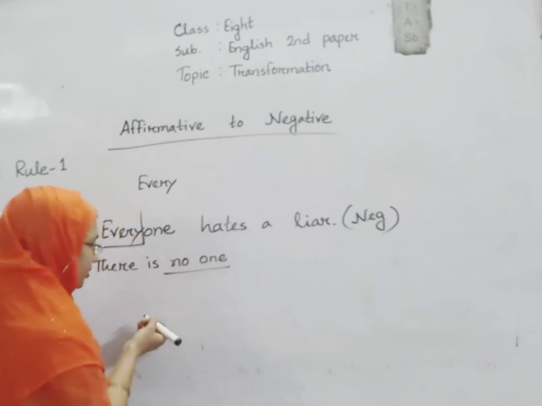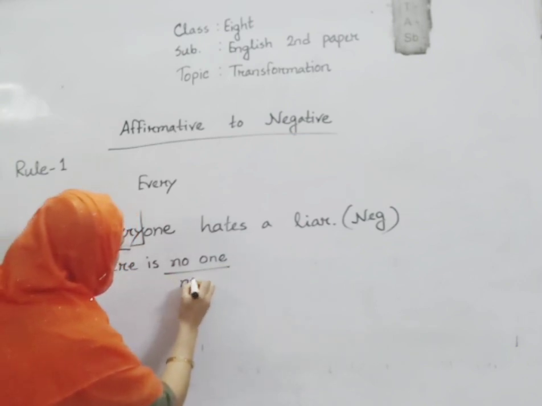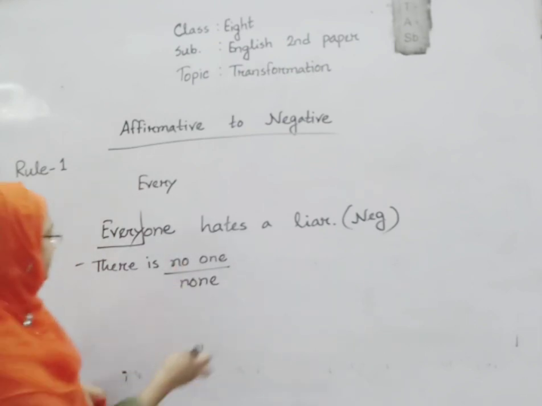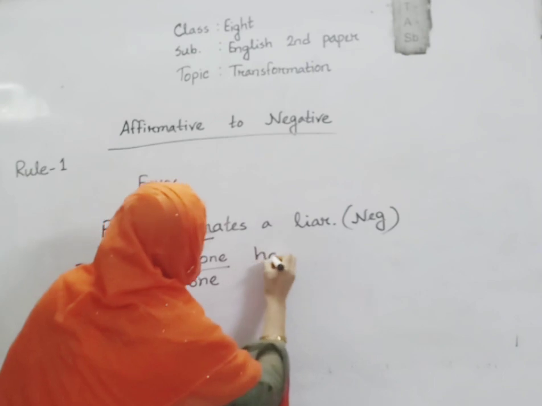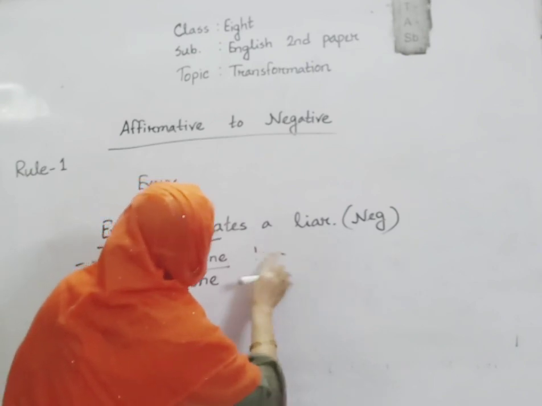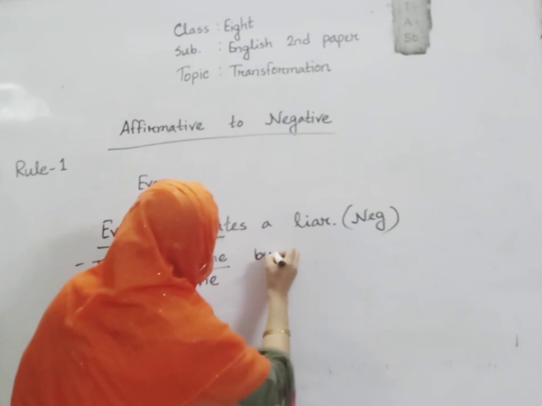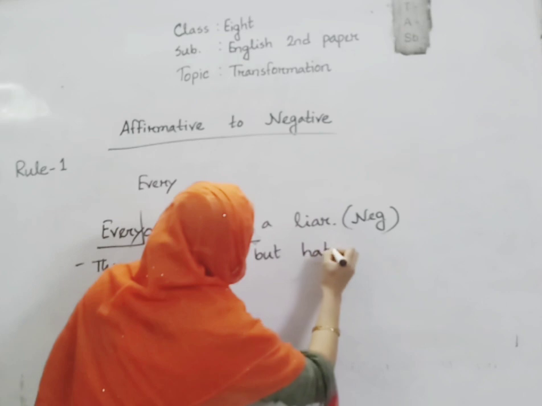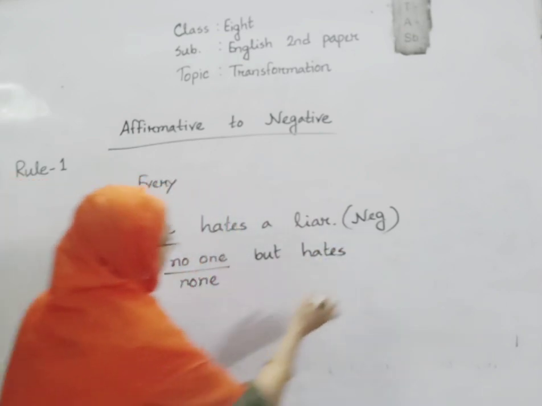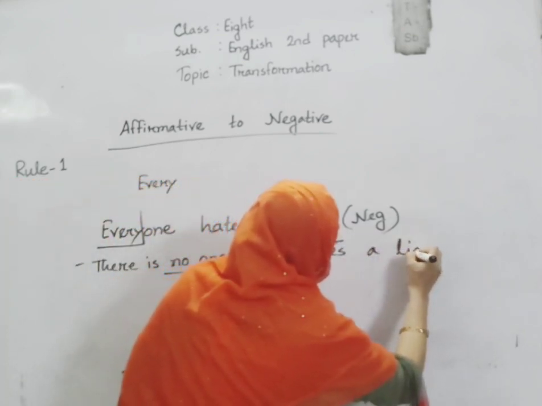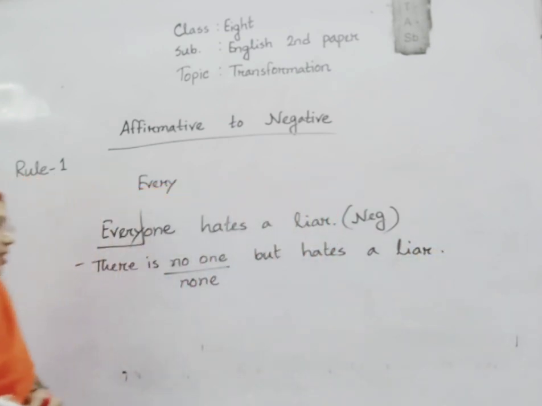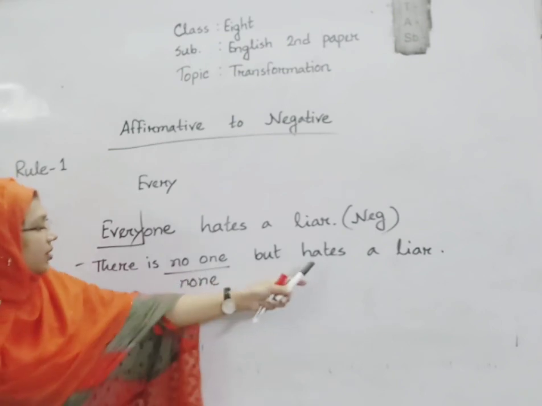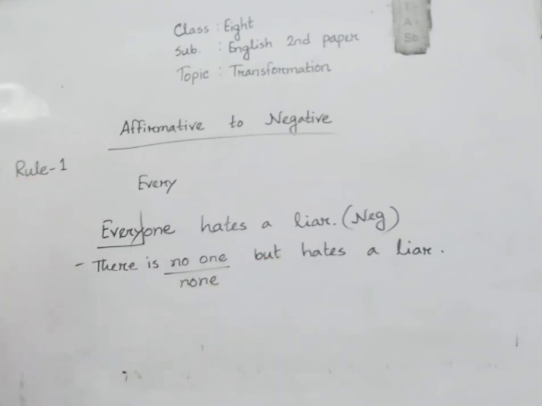You can write also none, which is the short form of no one. But according to the rule, then the rest of the sentences, and that is the answer. There is no one or none, but hates a liar.